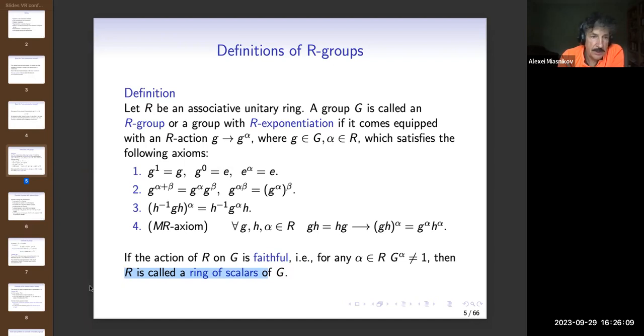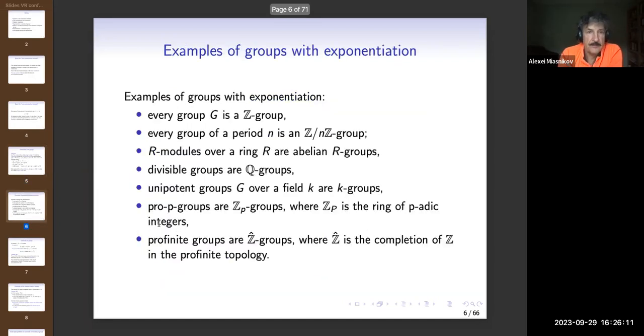All right, so what are examples? There are a lot of examples. Some of them I just mentioned here. Every group G is a Z group, because you mimic the exponentiation, really. Every group of period n is a Z mod nZ group. R modules of a ring are just abelian R groups, the same. Divisible groups are, in fact, Q groups.